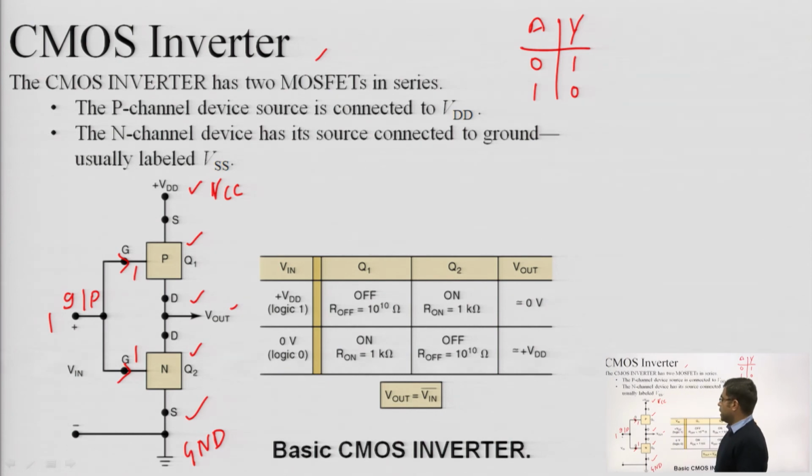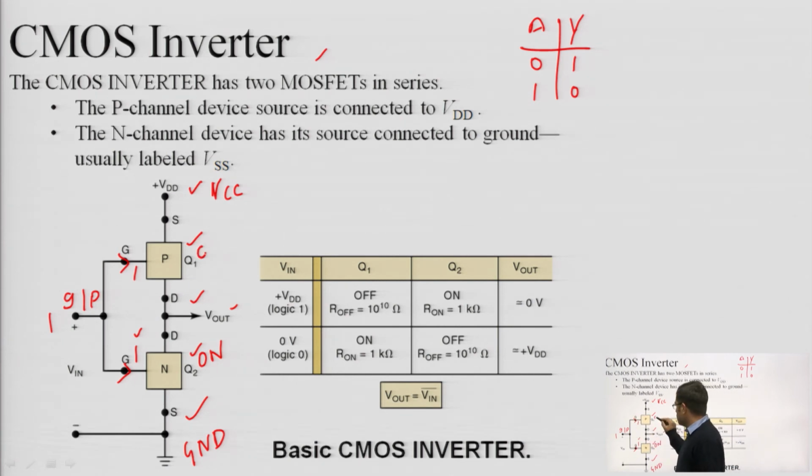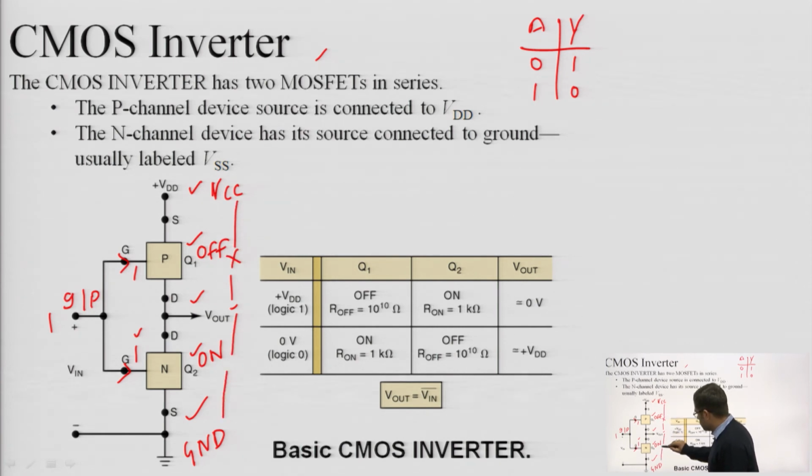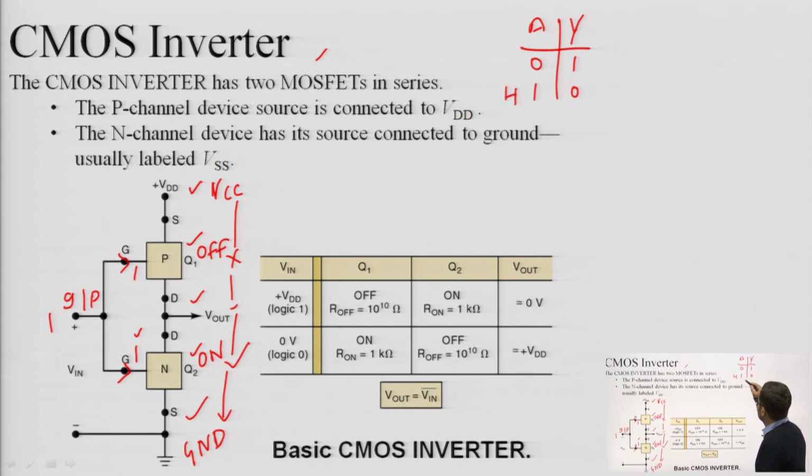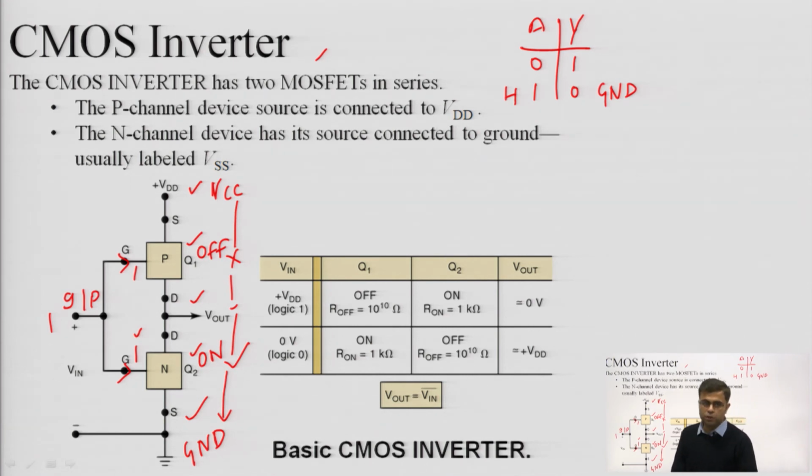Then I know that N type requires a high gate voltage, so it must be on, and P type requires a low gate voltage, so it must be off. If this is off, this path cannot be established, but this path can be established. So V out can be connected to ground. That means for a high input, I am getting a ground connection at the output. Okay, that's why the output is 0.